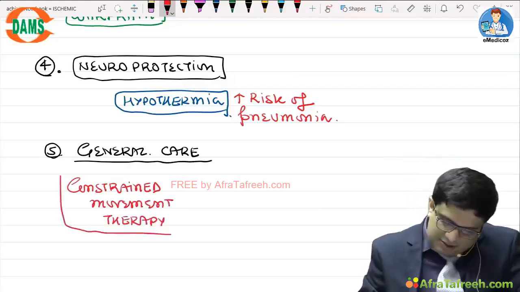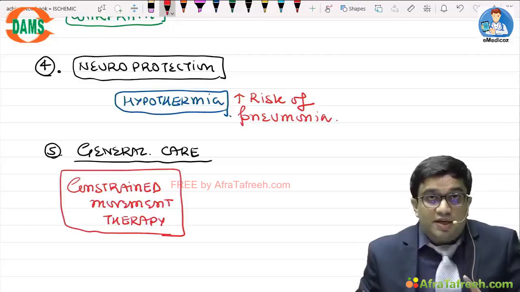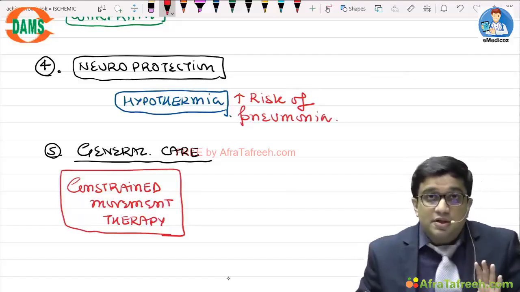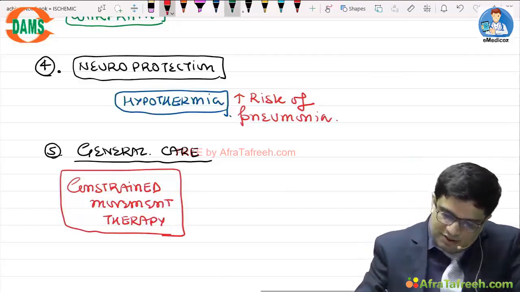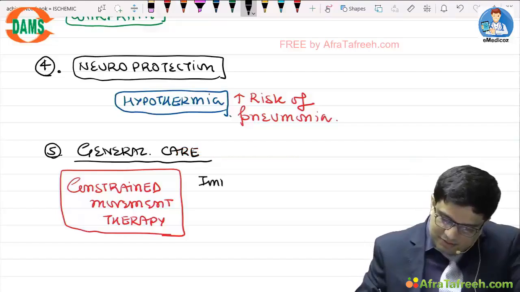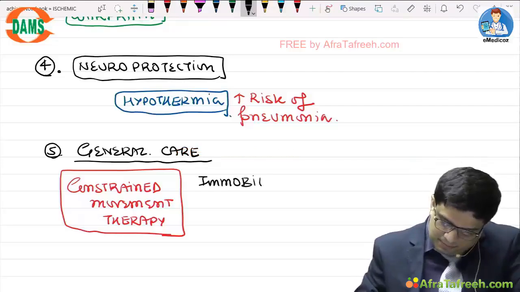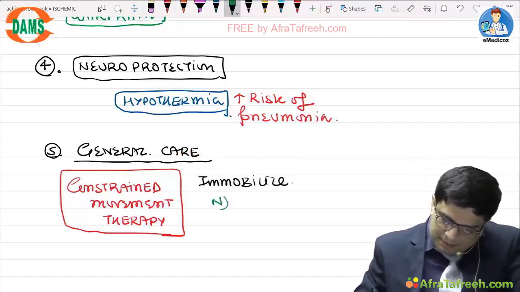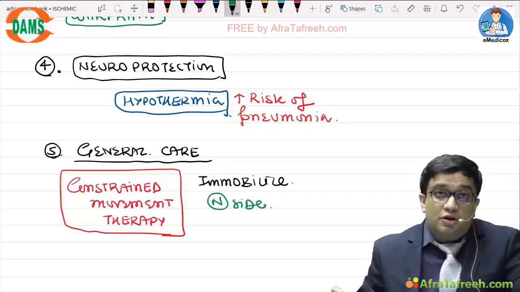Remember this, in constrained movement therapy, we immobilize the normal side of the patient. So if I'm suffering with right hemiparesis, I'll immobilize my left side. So in these patients we immobilize the normal side, and we make the person walk from the abnormal side.